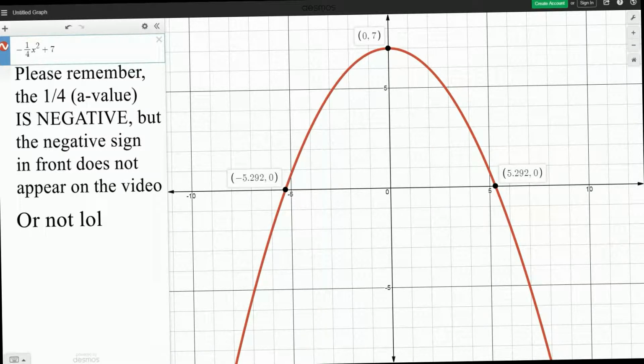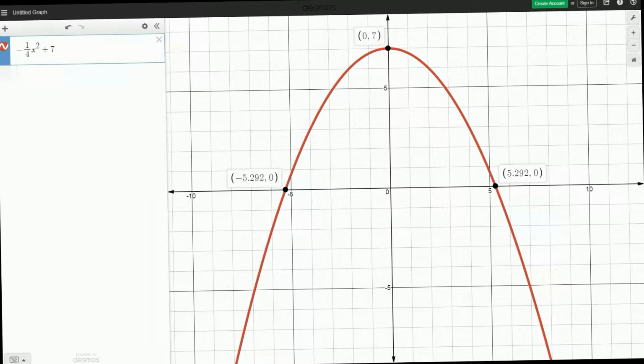And I want to point out the negative 5.29 and the positive 5.29. Again, those are our x-intercepts, and the distance between those points is the width of the arch.